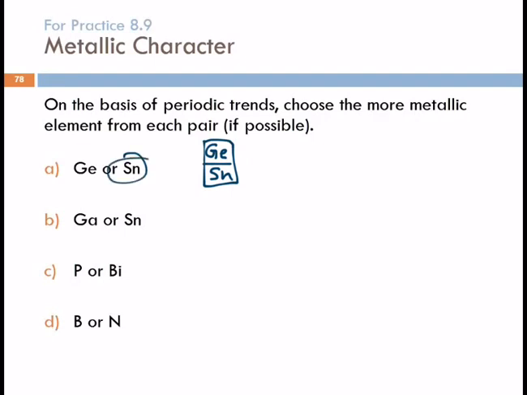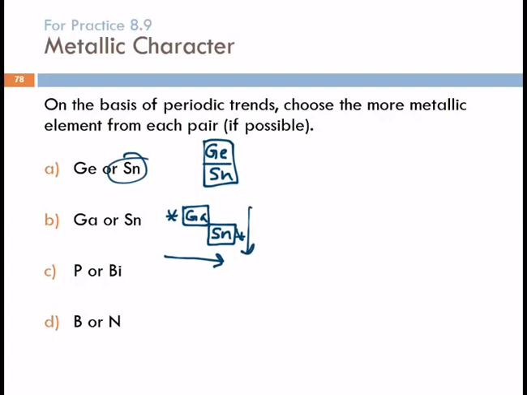How about gallium or tin? Here's gallium and here's tin. Well, if we go across, that would say that it was gallium. And if we go down, that would tell us it was tin.